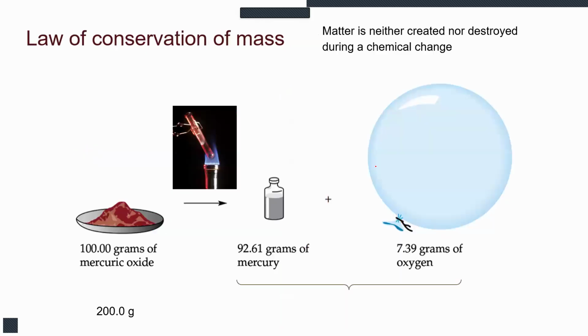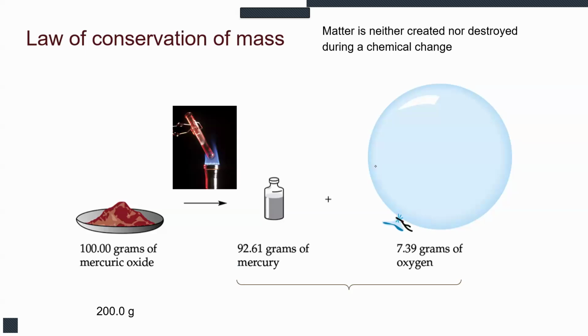Now, that is known as the law of conservation of mass. So matter is neither created nor destroyed during a chemical reaction. Another illustration of that is this right here. Mercuric oxide is a compound made up of mercury, Hg, and oxygen, O. When you put this in a test tube and expose it to heat, the oxygen in here is going to burn off and be released as oxygen gas, O2.